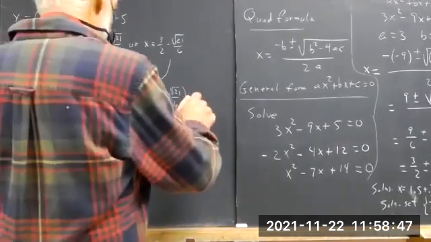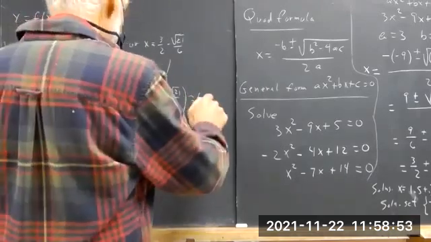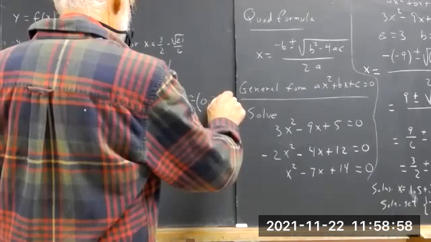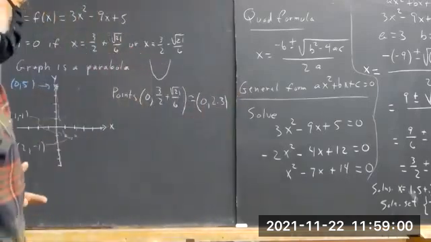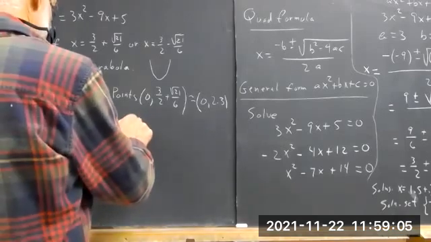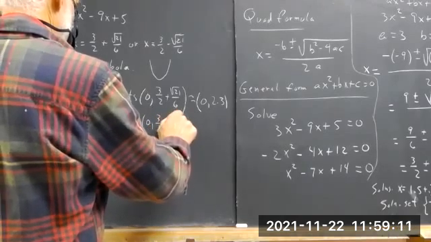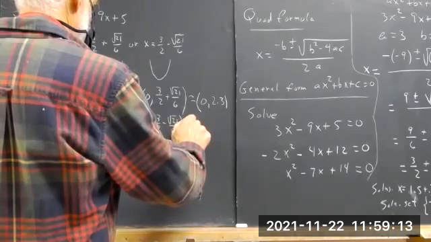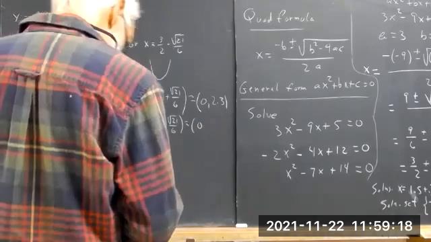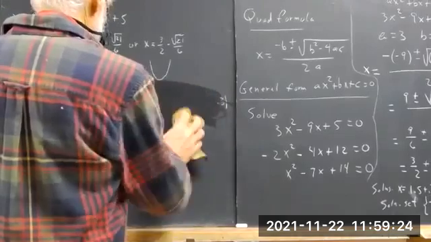And we approximated that by 3 halves plus the square root of 21 over 6, which is about 2.3, right? And that's totally wrong. I've done it wrong again.